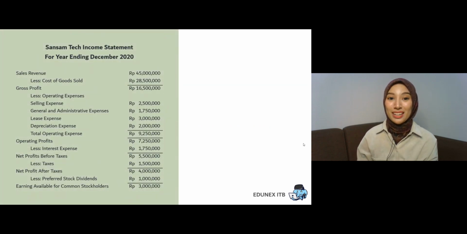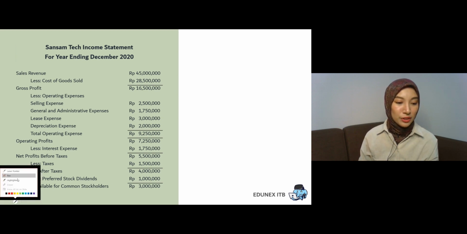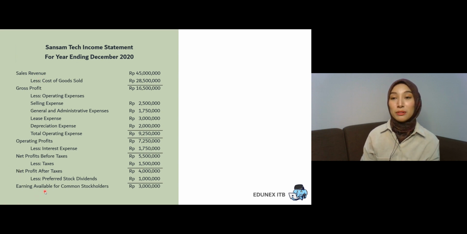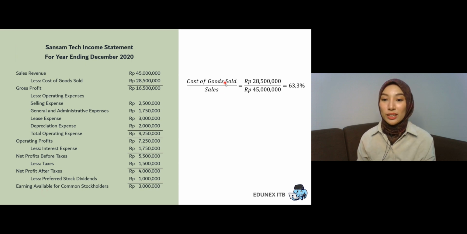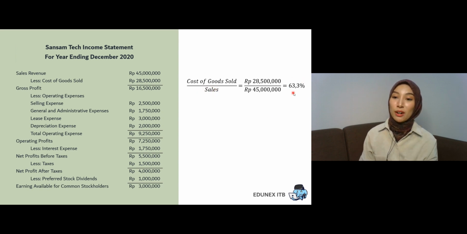We have Samsung's income statement for the year ending December 2020. We have the financial statements here, starting from the sales revenue until the earnings available for common stockholders. We calculate the cost of goods sold divided by sales to find the percentage of cost of goods sold to sales.